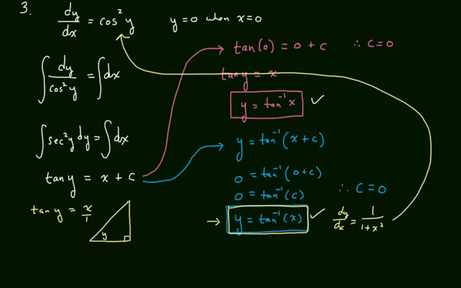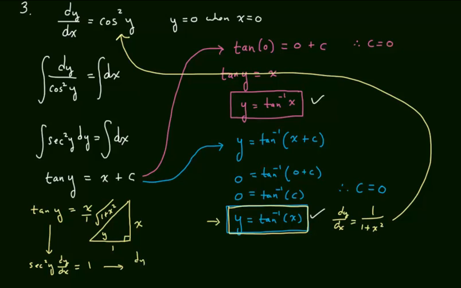This was the angle y. The ratio for the tangent was opposite over adjacent. Then we found the missing side, which was the square root of 1 plus x squared. Then we did our implicit differentiation and said secant squared y times dy/dx is equal to 1.